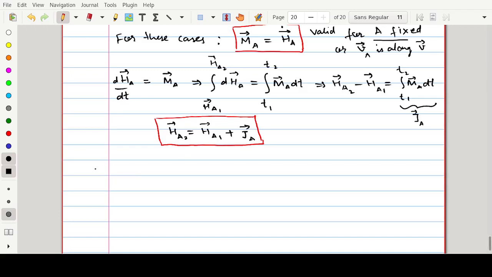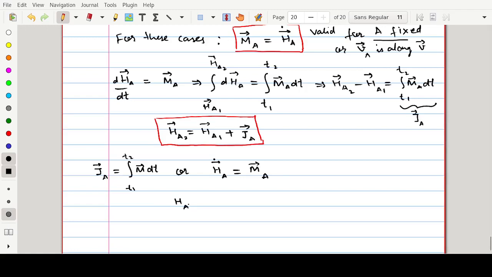So when will J be 0? J is the integral of MA dt, or we can also write HA dot is equal to MA.